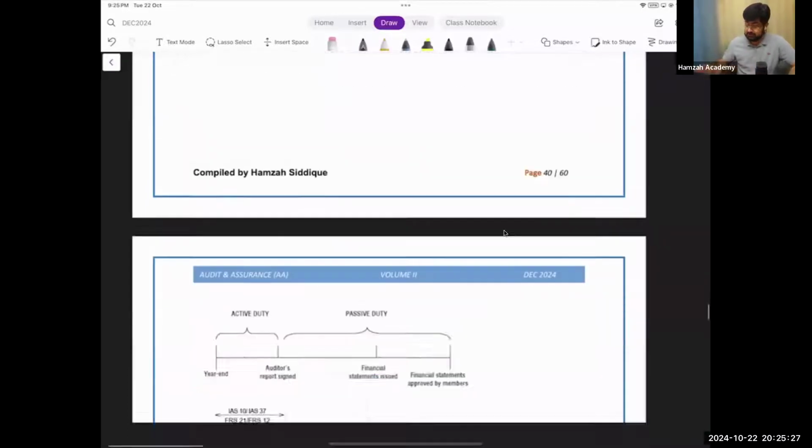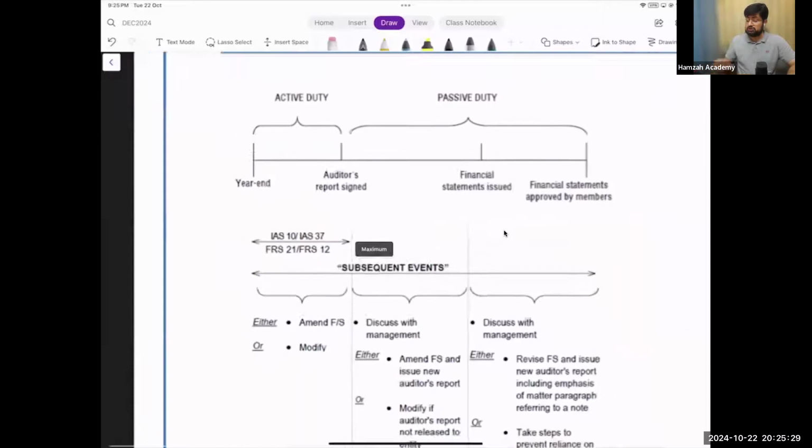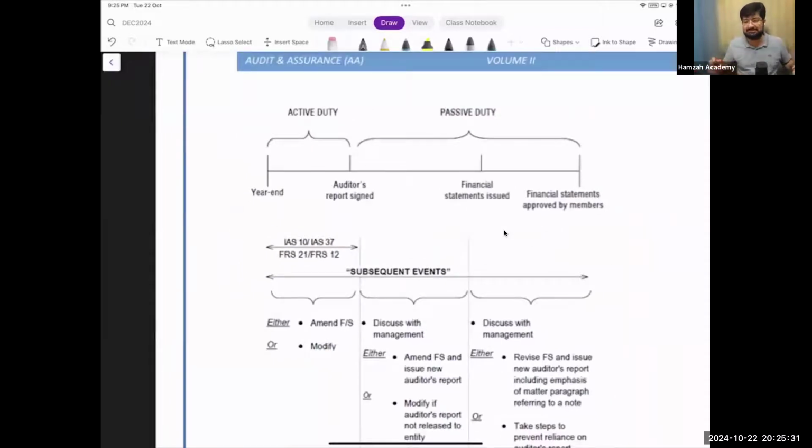Okay, so come here. This is the timeline again. Year end, audit report, financial statements. Students, between the date of the auditor's report and year end, if any events occur, the auditor has to perform audit procedures and ask management to amend the financial statements.